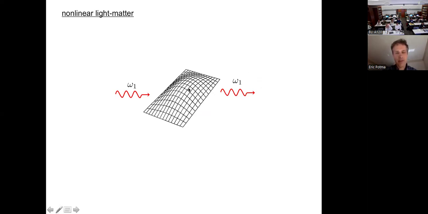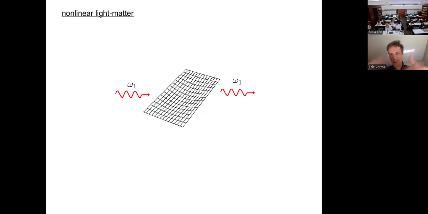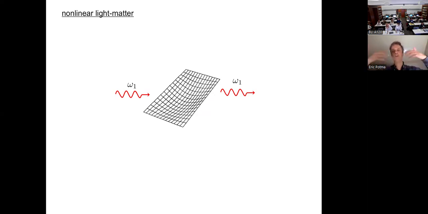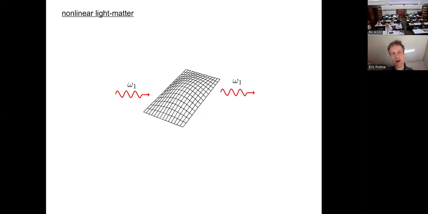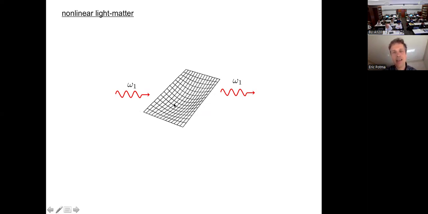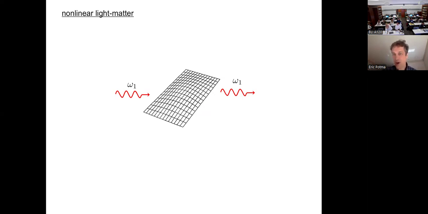Now, it turns out if you increase the amount of photons that you put in up to a certain point, you start to drive the system so hard that it goes into a nonlinear regime. You can think about this in the following way. At least I like this analogy a lot. If you think about your membrane in your ear, if you drive it really hard, so if you smack a tone really hard on the piano, then you hear a very high tone at the same time.